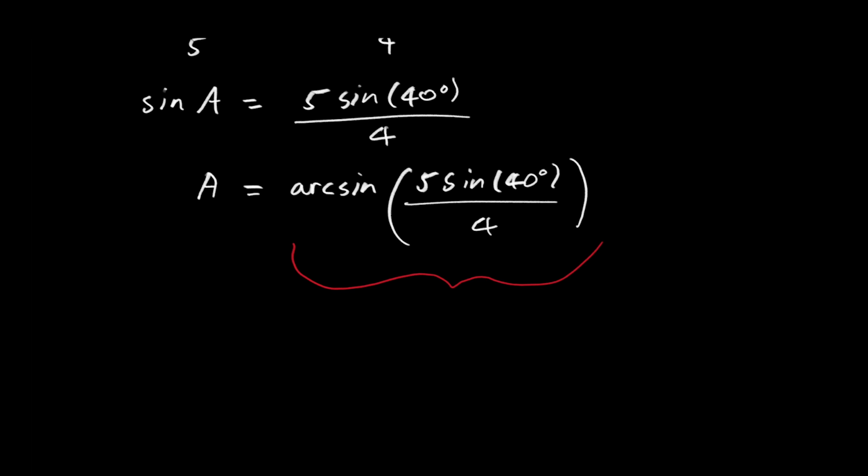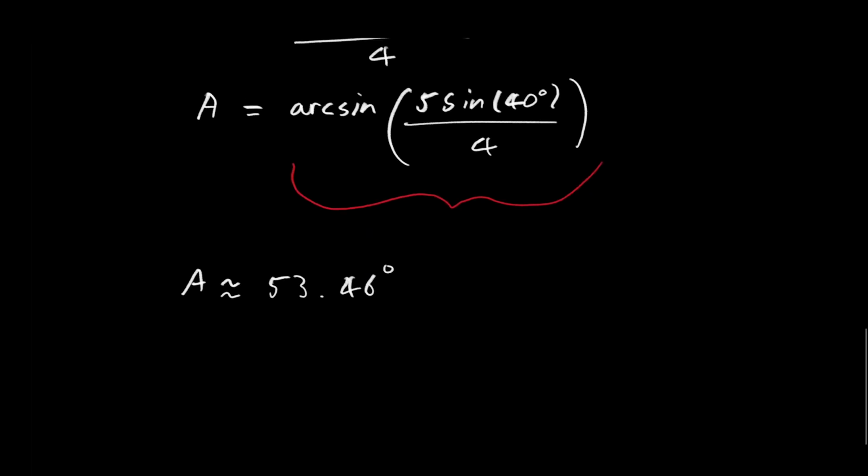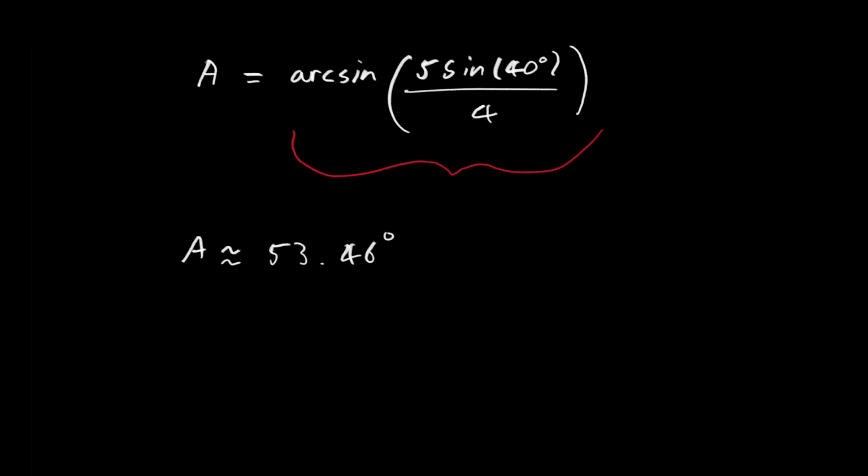A is approximately equal to 53.46 degrees. And that's what you would call the principal angle. But if you knew that the angle A was an obtuse angle, then in order to find A, what you really want is this: A equals 180.